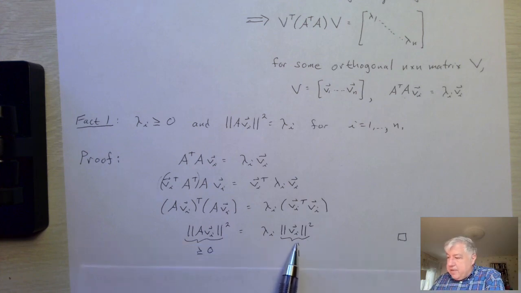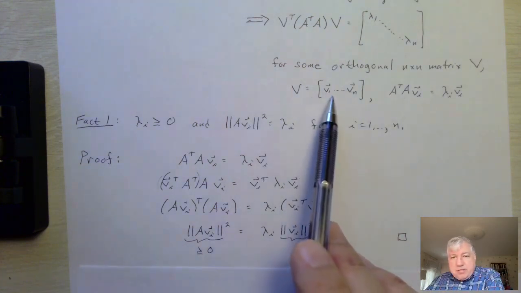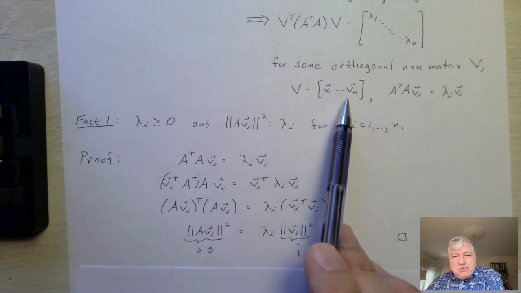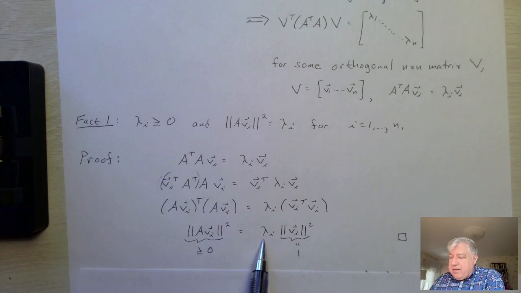Vi is an eigenvector, so of course it's not 0. But also, because V is an orthogonal matrix, the length of all these vectors is 1, so 1 squared is 1. And any real number squared is greater than or equal to 0, so lambda i has to be greater than or equal to 0.